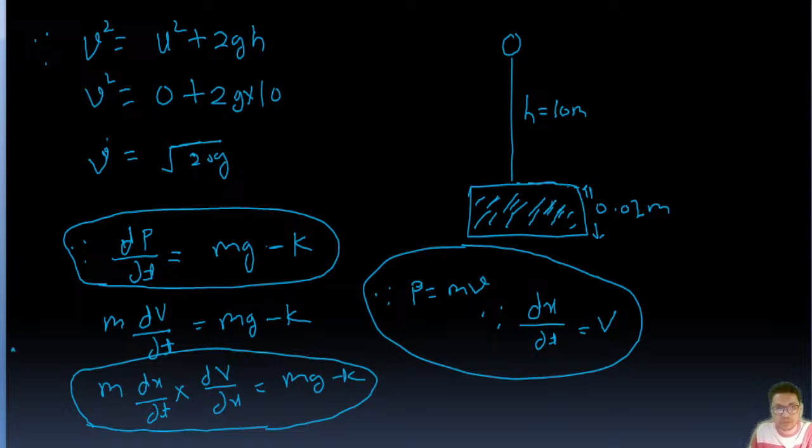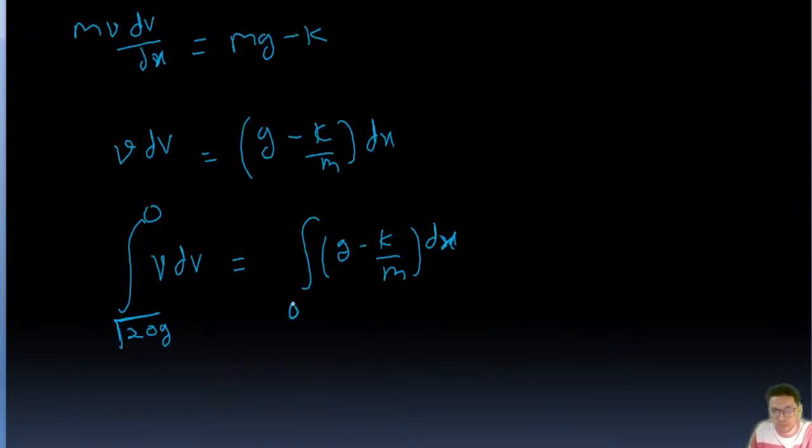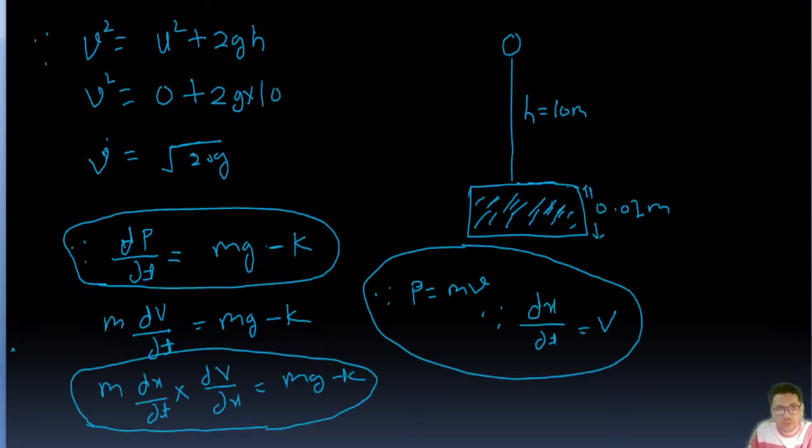The limit is going to be 0.1 to 0. Why? Because it is going down, so we measure the distance from the bottom. This point is 0, and the distance from here to here is going to be 0.01.